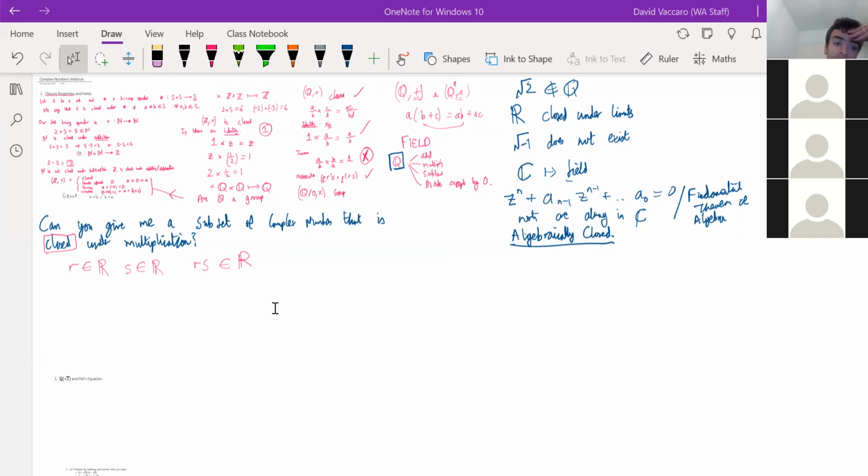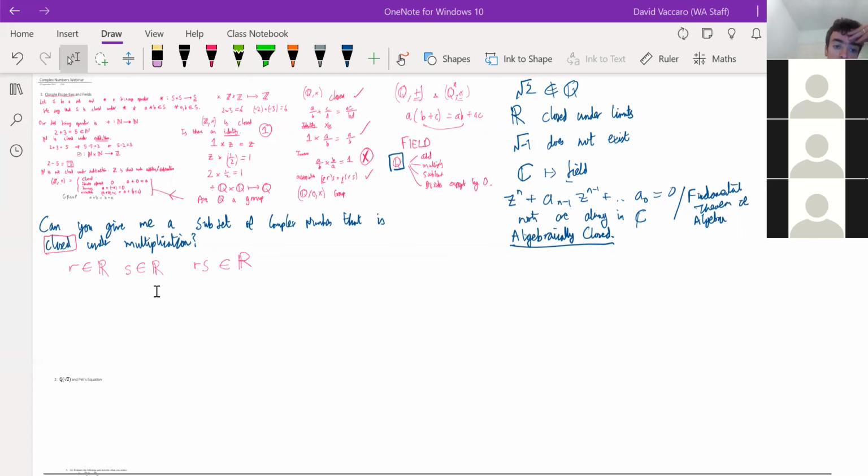Someone said even integers. Yeah, even integers would be closed under multiplication, but they're a subset of the reals. There's an important family of complex numbers, real and non-real, which is closed under multiplication.